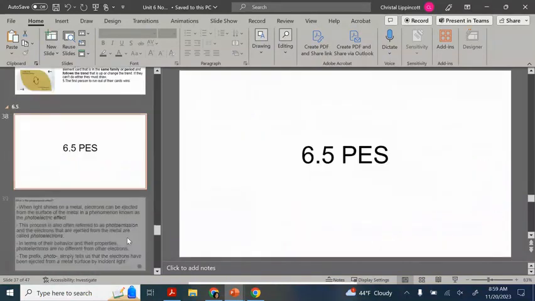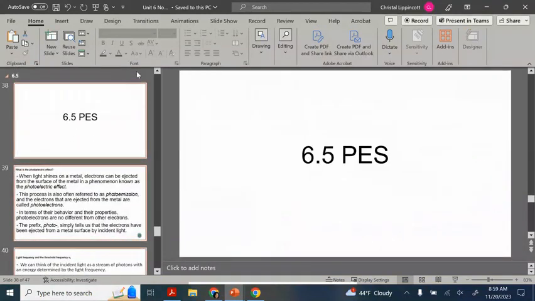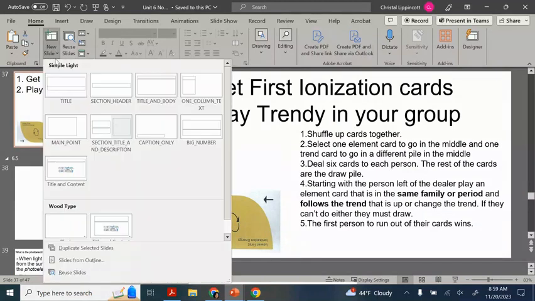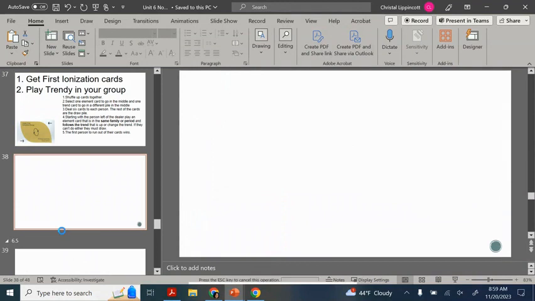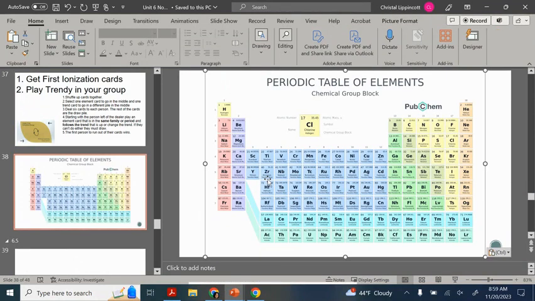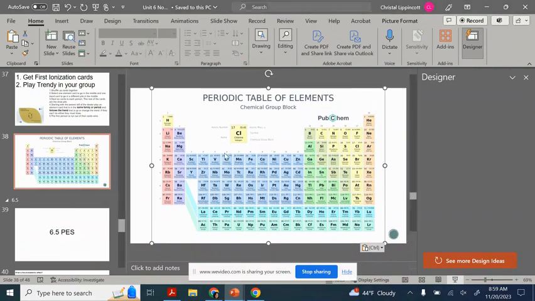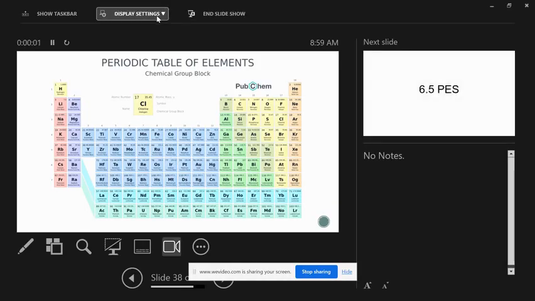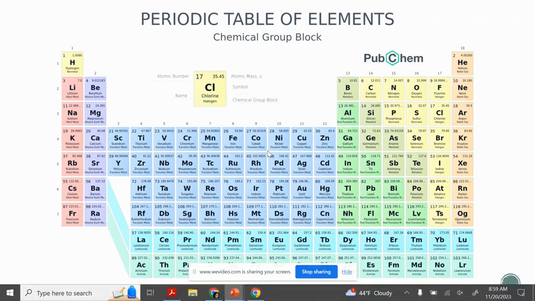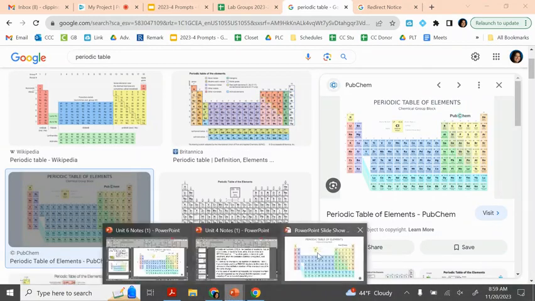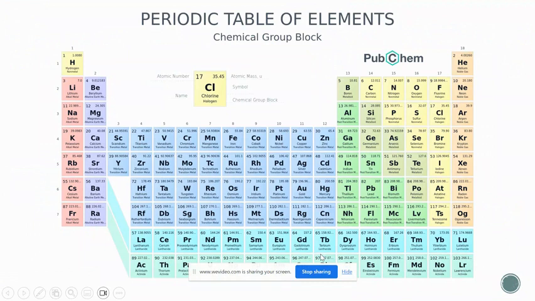Ionization energy. Here we go. Okay, there. Now I got a periodic table I can work with. Okay, now I can write on here. They won't get mad at me.